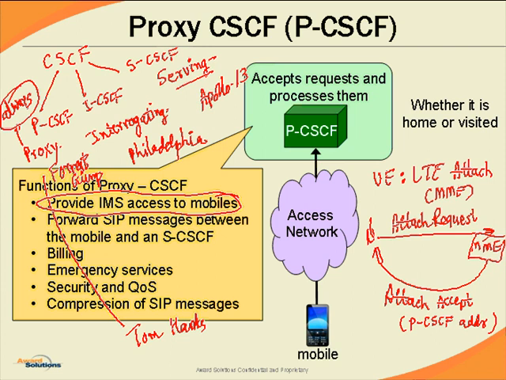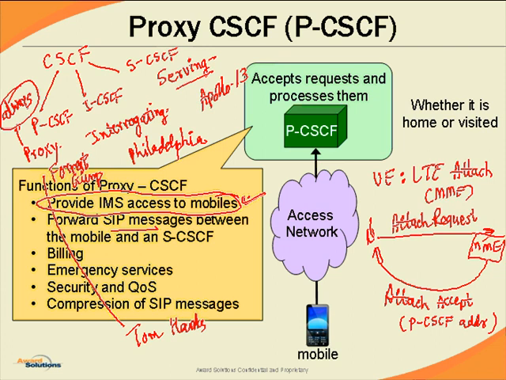So now we are able to communicate with the proxy. The proxy will be forwarding call setup messages to a specific serving CSCF, and that will happen as part of the IMS registration. Then we have emergency services.